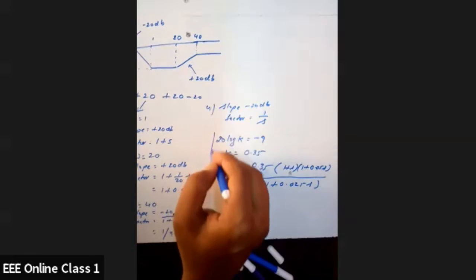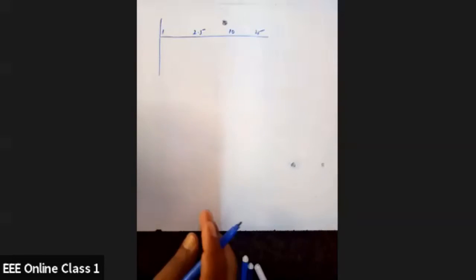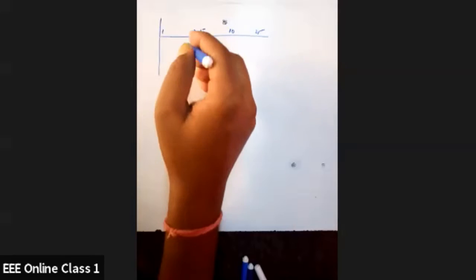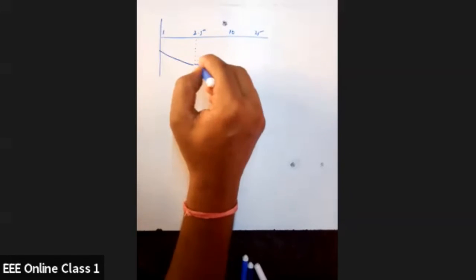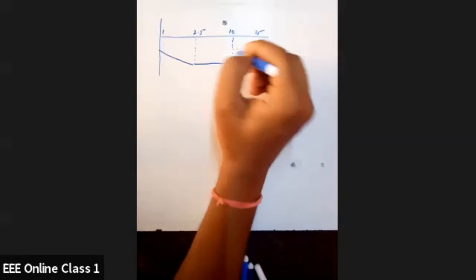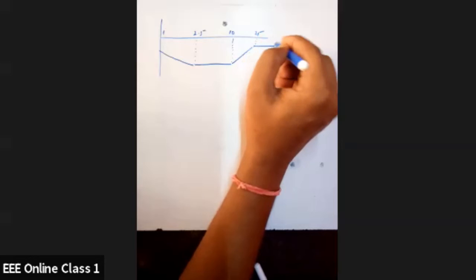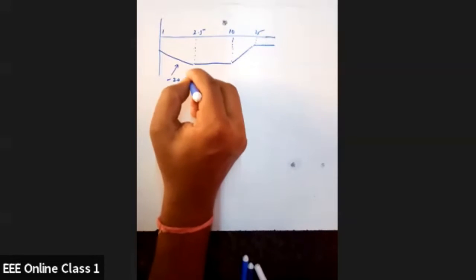This is important. How to find k? So the slope of this is minus 20 dB, this is 0.